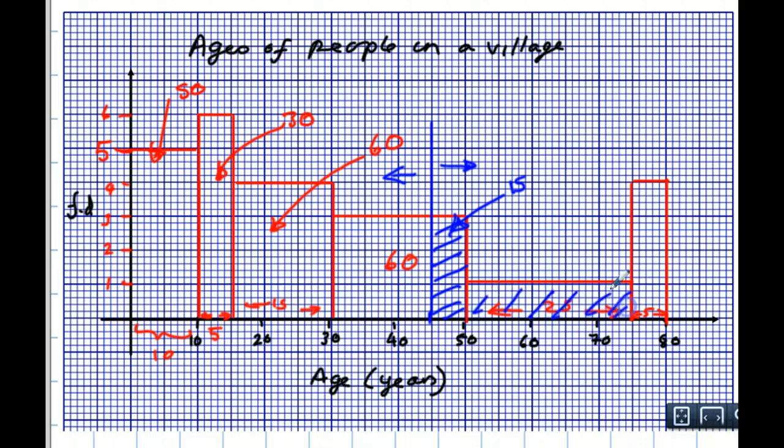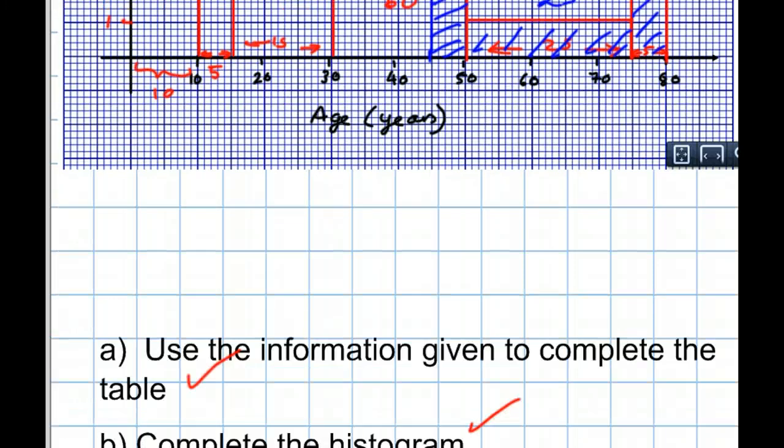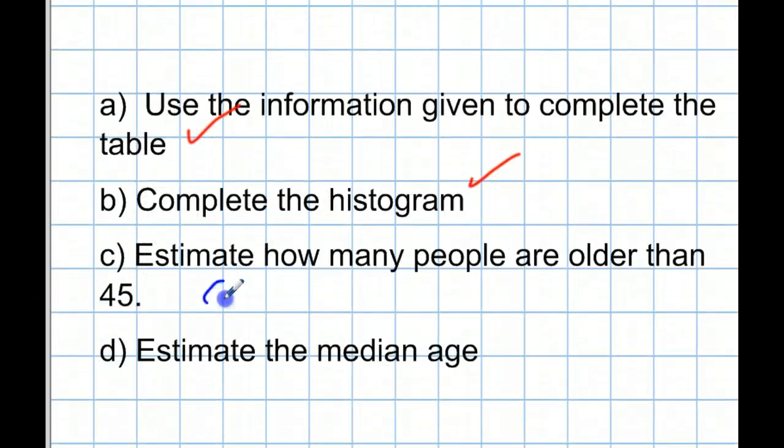This one I know, it's 25, and this one I know as well is 20. So combining those areas, 15 add 25 is 40, add 20 is 60. So 60 people we estimate are older than 45.